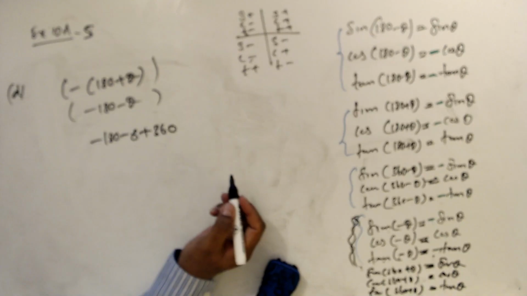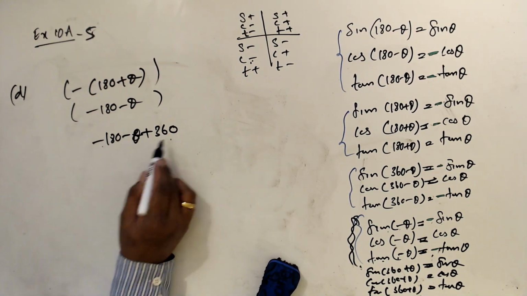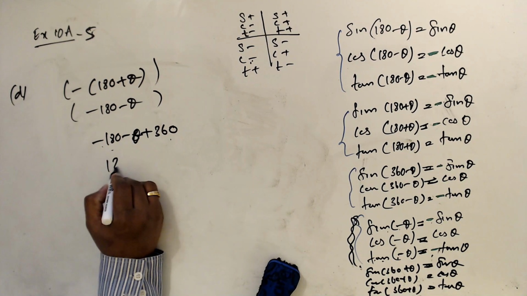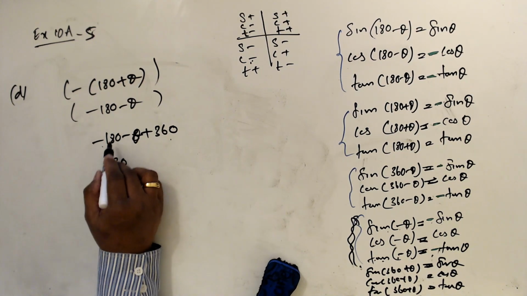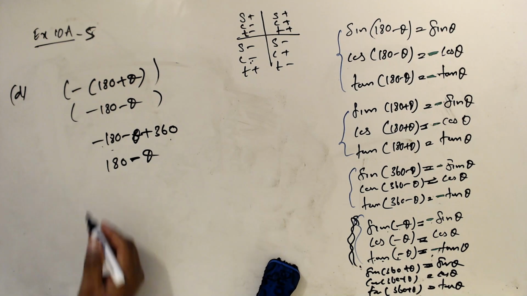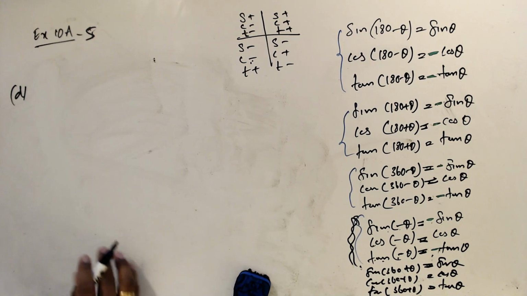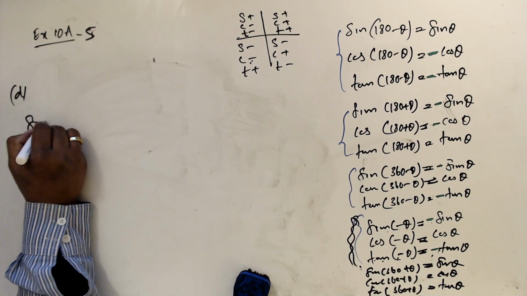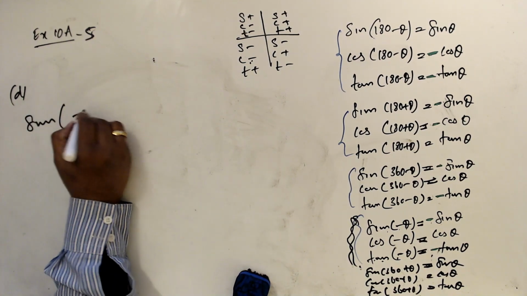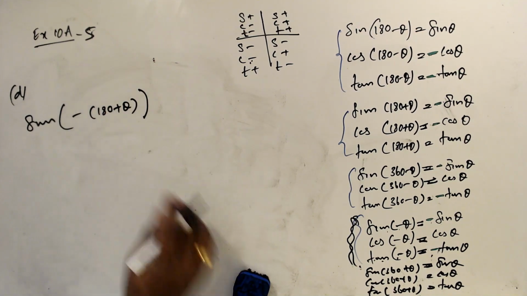Minus 180 plus 360 gives positive 180, and this is minus theta. So I will write the sum as sine of minus 180 minus theta.